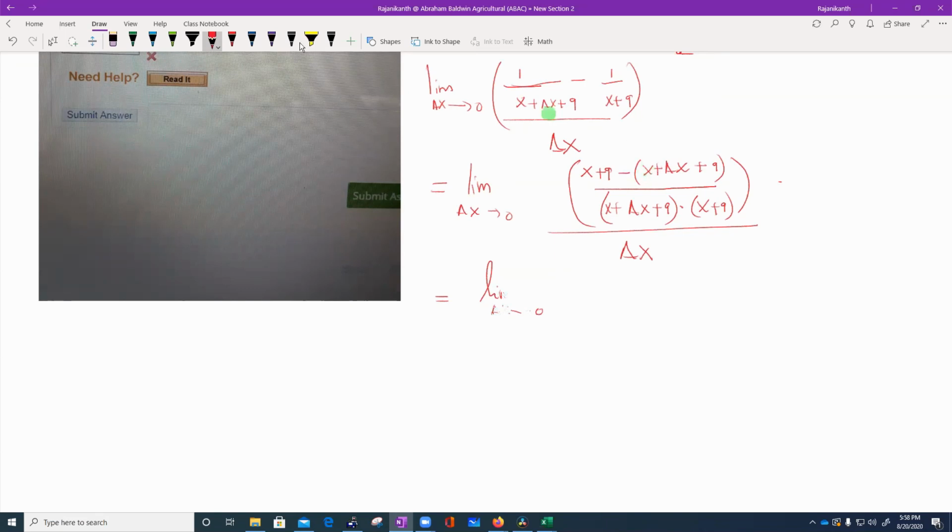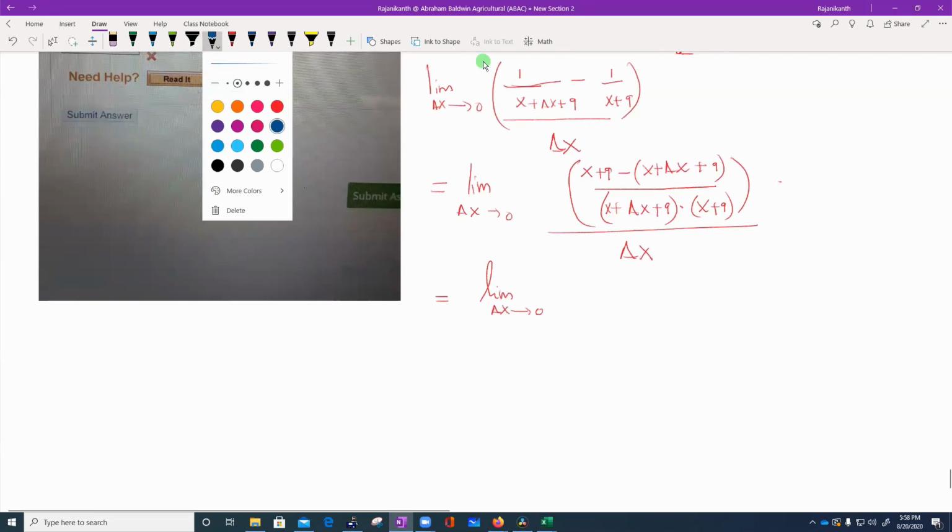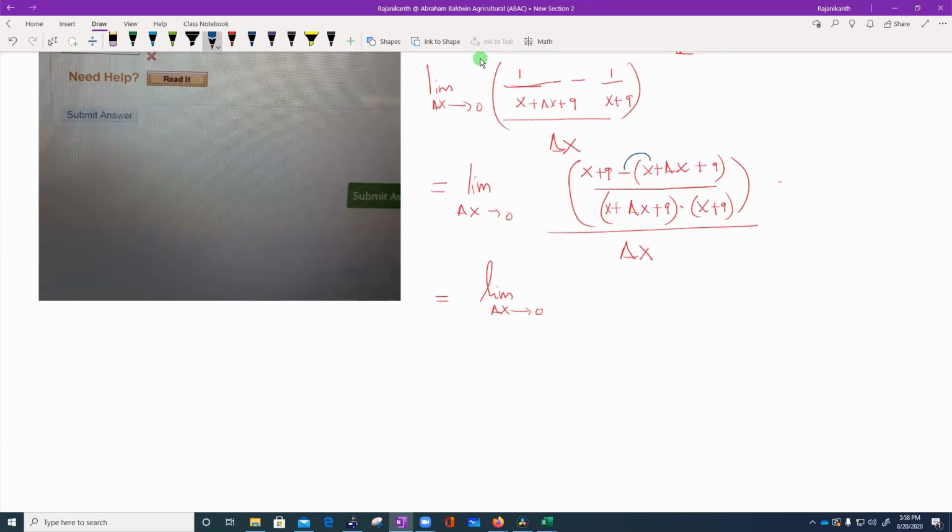You need to distribute the negative sign inside, with all three numbers. So what do you have? You have now x plus 9 is here. Then minus into x is minus x. Then minus delta x. Then minus into plus again minus 9. So this is just my numerator.